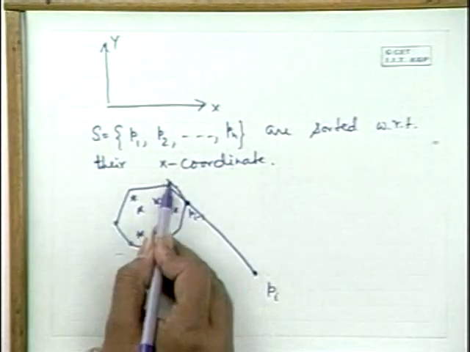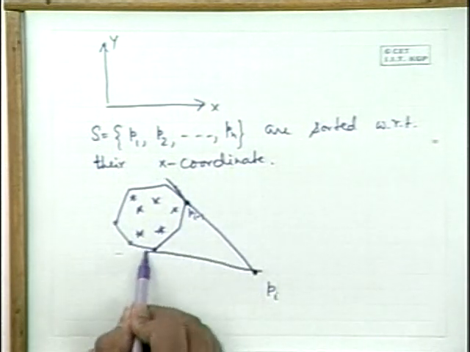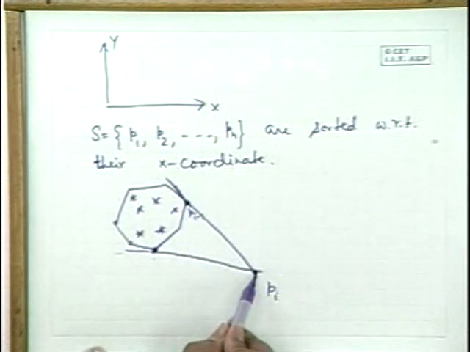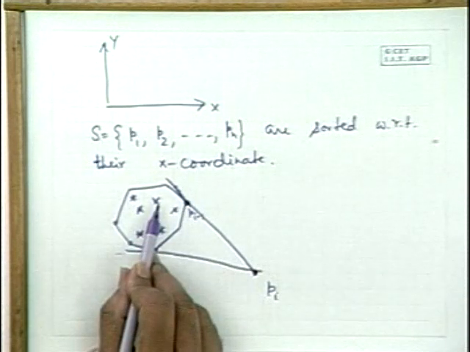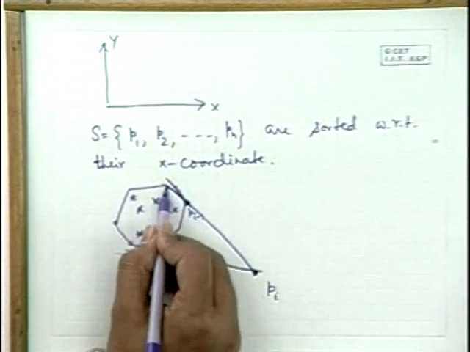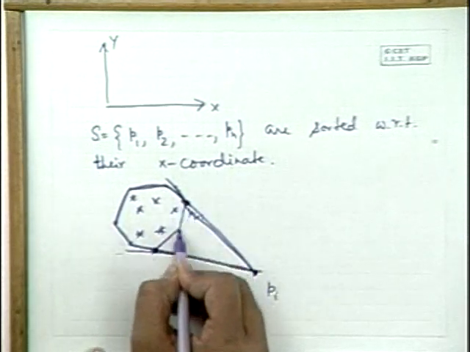This is the tangent from Pi, and on the lower side this is the tangent. So you have to determine these two points where the tangent from Pi to the convex hull is going to hit. Once you have done this, your new convex hull will be nothing but this, then this, and you have to delete this part.